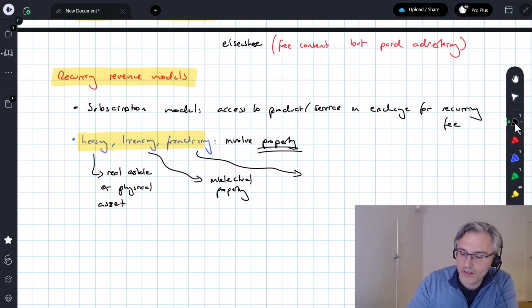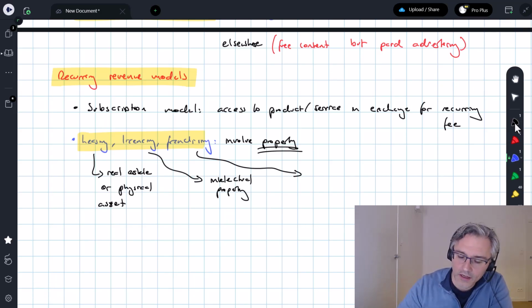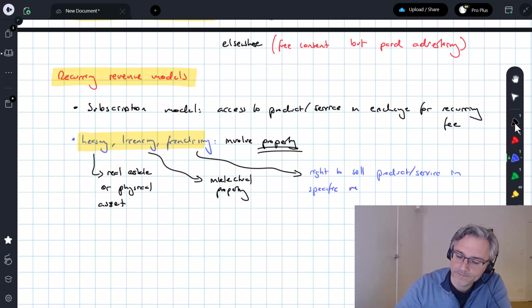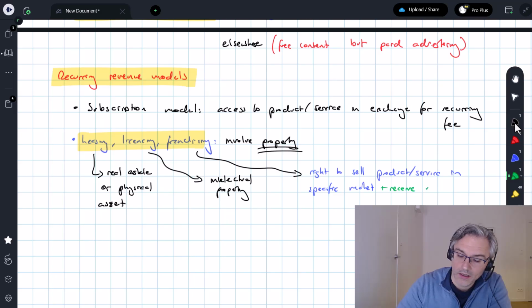And franchising is when you pay a recurring fee, and in return you have the right to sell or offer a product or service in a specific market, like a country or some geographic area. But you typically also receive marketing support.